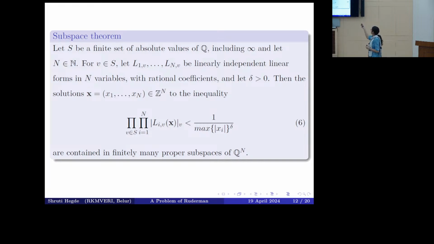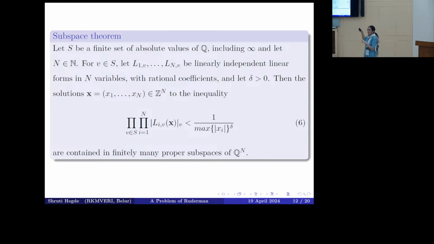So what we have in this theorem is a finite set of absolute values, including the infinite absolute value, the Archimedean absolute value, and we have a collection of linearly independent linear forms. Then every solution for this inequality, or every n-tuple which satisfies this inequality, will be contained in a finite union of proper subspaces of Q power n. That is the statement of the theorem, right?